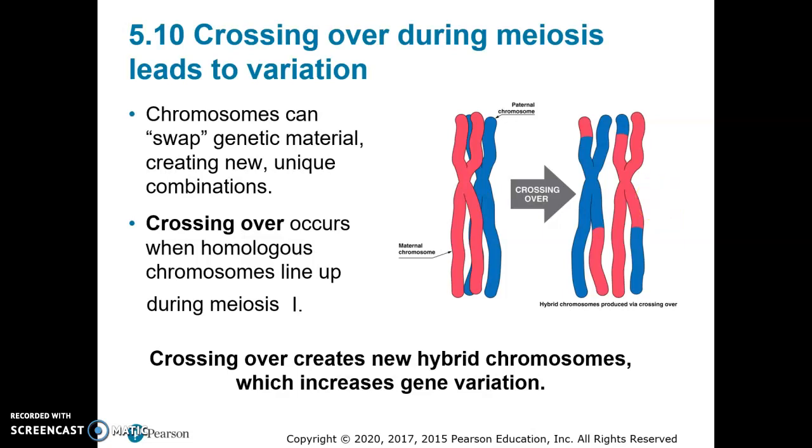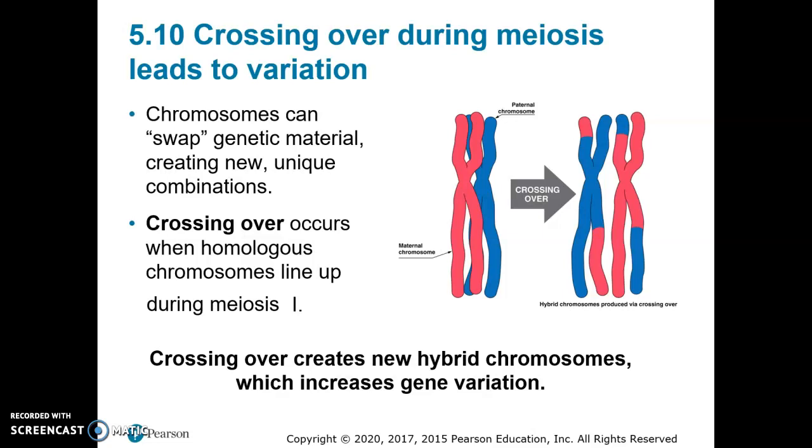And so it's really hard to predict exactly what our offspring are going to look like. We know that they're just going to look like a mix-up of the parents. And if all goes well, hopefully you get the best combination of both. And so through these processes of independent assortment, random fertilization, and crossing over, by mixing up and creating these unique new combinations, hopefully the population is getting stronger and stronger and stronger.